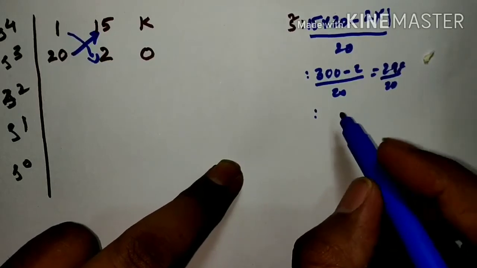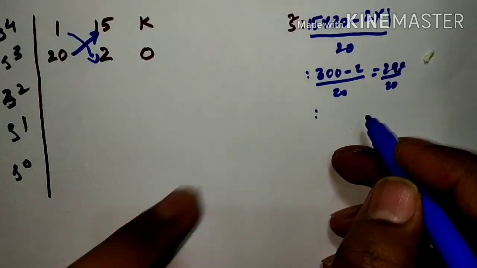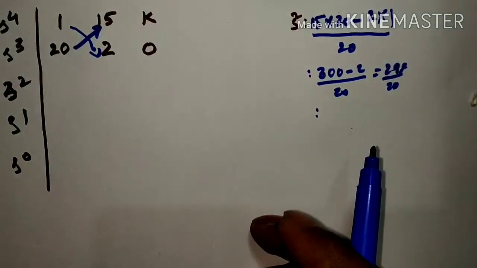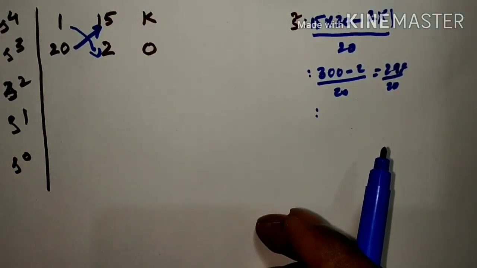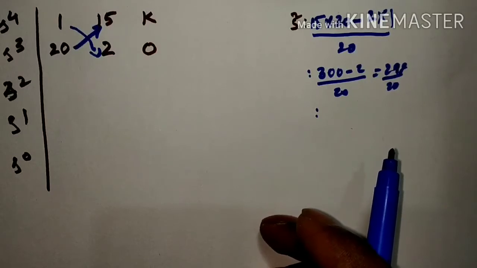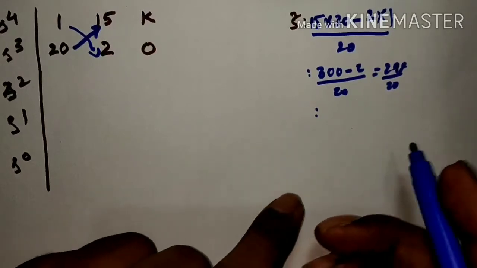How much will you get for 298 divided by 20? You will get 14.9.